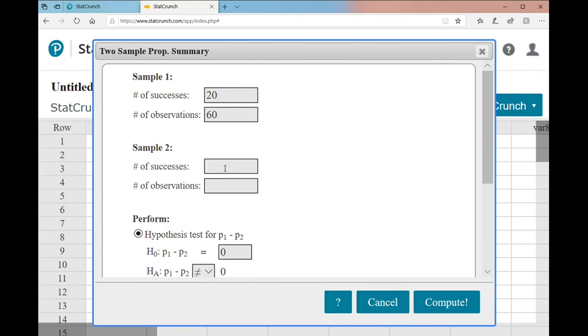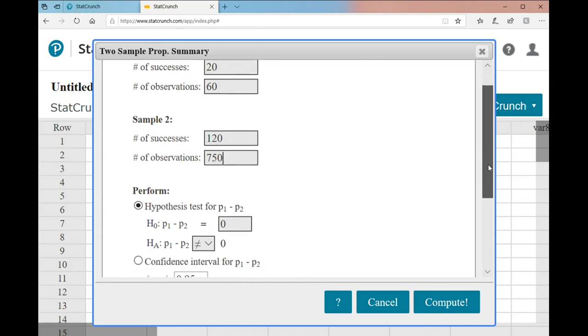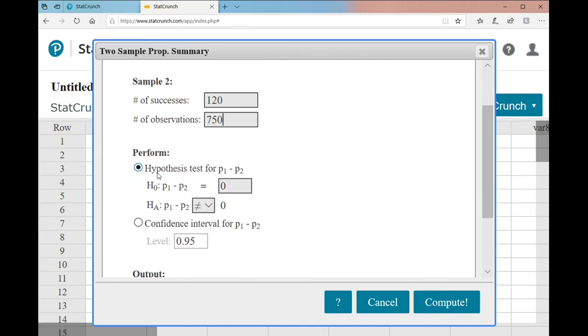And for those that are not exposed, we have 120 for the number of successes over 750 observations. We'll perform a hypothesis test, and the null hypothesis is always set as equals for your homework. But for the alternative hypothesis, we're going to change this to greater than. Let's press compute.